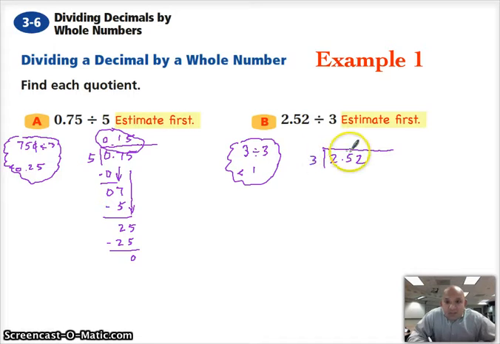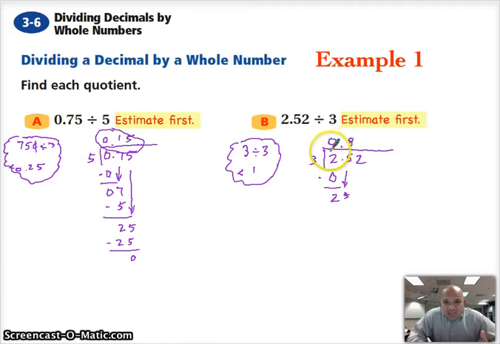Once again, the first thing I do is line up that decimal in the quotient right above the dividend. 3 goes into 2. How many times does 3 go into 2? Well, it goes 0 times. 0 times 3 is 0. I'm going to drop down the 5. How many 3's go into 25? Well, there's 8.